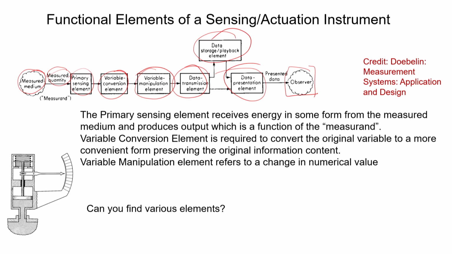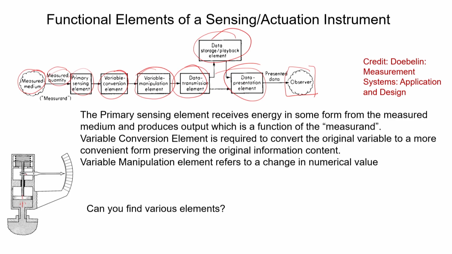Okay. So let us say, for example, this system of a pressure gauge. Okay. So the measured quantity in the measuring medium is coming here. Okay. So this is the primary sensing element, this piston is part of it, and then the movement of the piston is not much. So you need a conversion element.